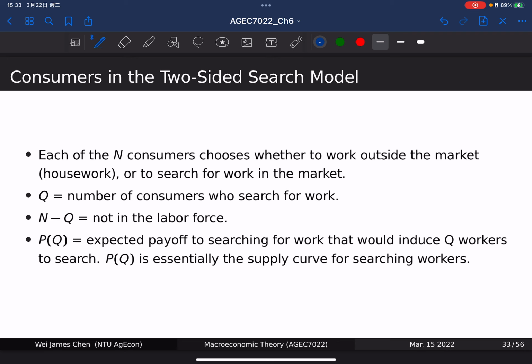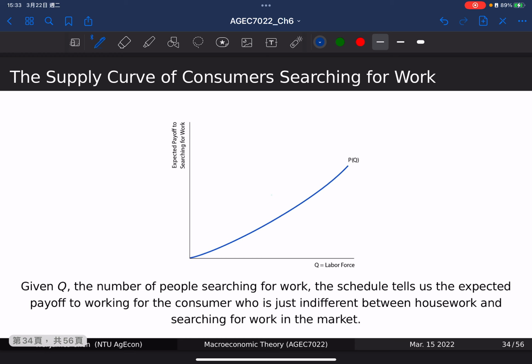P stands for the payoff. Given any Q, P of Q gives me the payoff that will exactly induce Q workers to search. So think of it as a supply curve of the searching worker. I don't know if that's clear enough, but take a look at this graph.